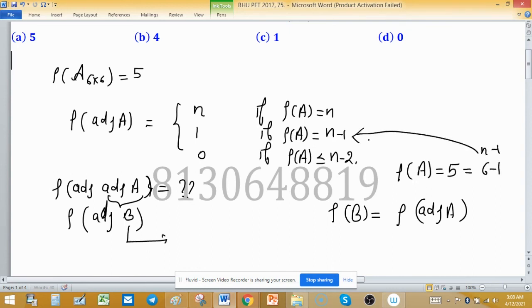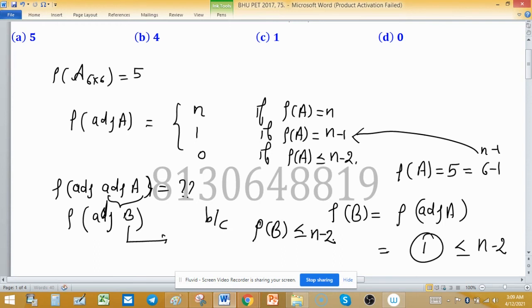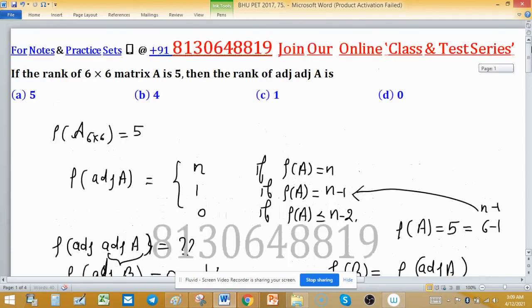So the rank of this will be 1. And this is less than or equal to n minus 2. Because the rank of B is less than or equal to n minus 2, the rank of this adjoint will be 0. So option D is correct.